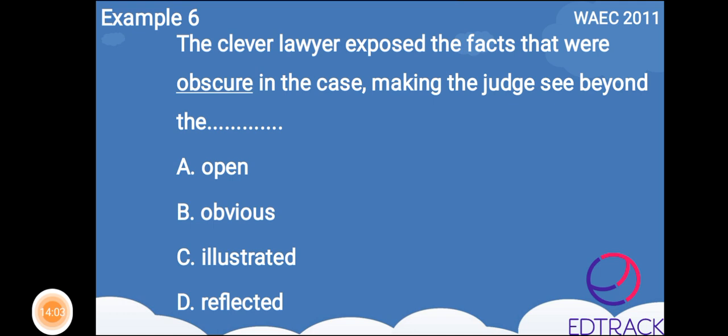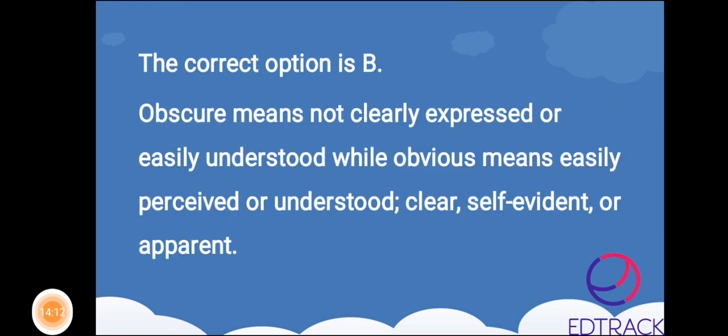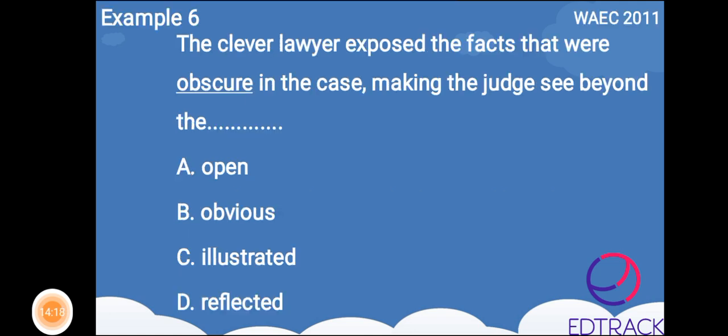The word obscure, what does it mean? The word obscure means something hidden, something that is not clearly expressed, not clearly stated. So that is why we have option B as the correct answer. When we say something is obscure, it means it is hidden.